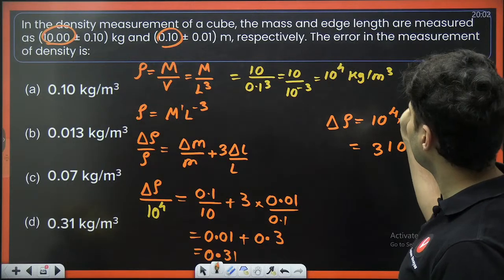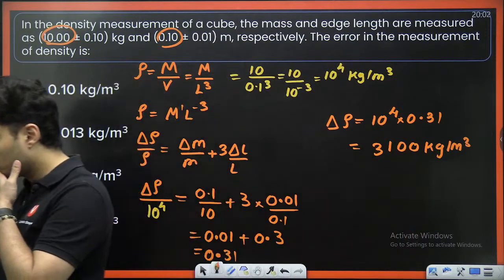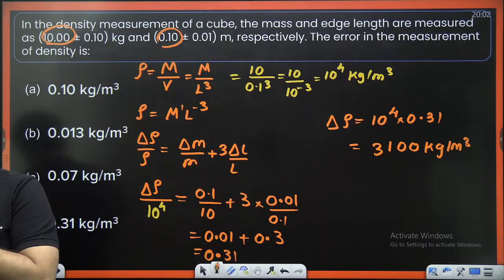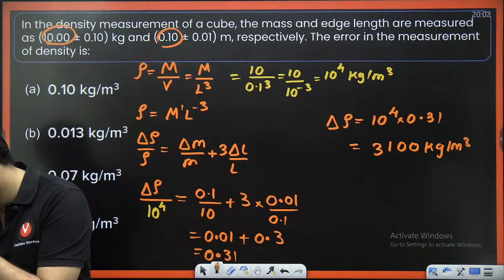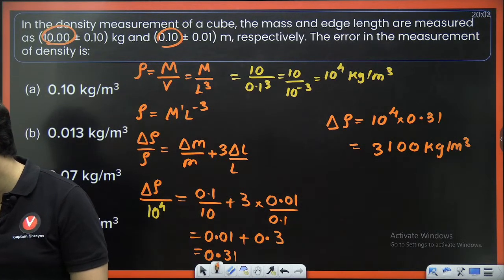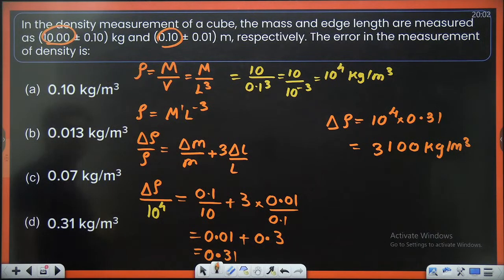So it is what it is, 10 to the power 4. Just check it out once, unless some decimal place was wrong somewhere.